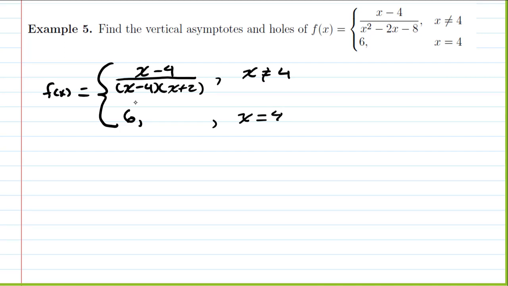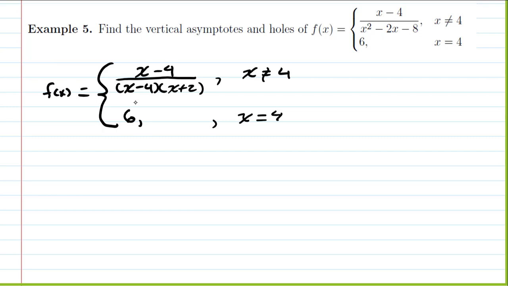So we'll notice we're drawing that first graph when x doesn't equal 4. But we also notice that 4 is a 0 of the denominator. So we would be dividing by 0 there. But that factor is also present in the numerator.